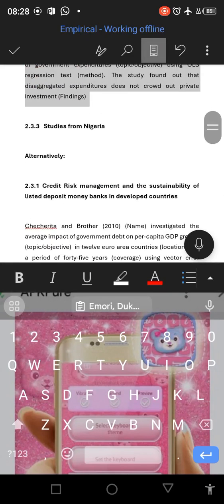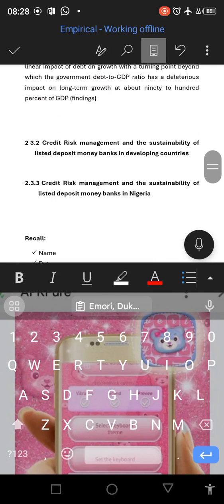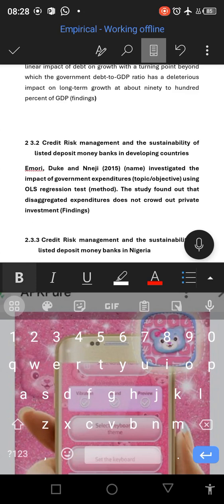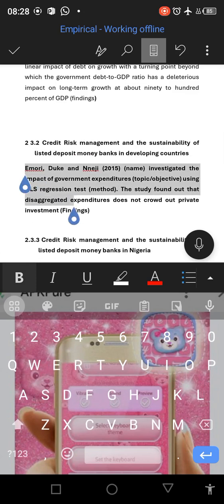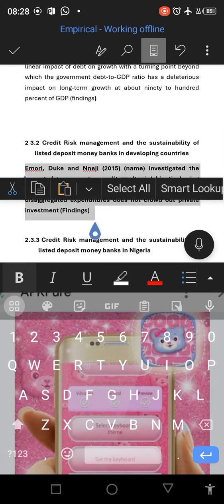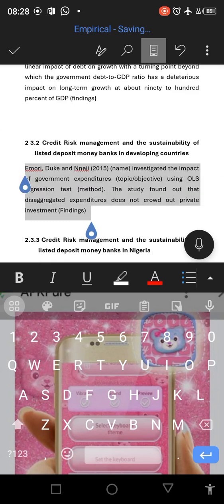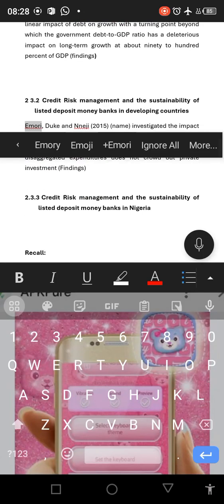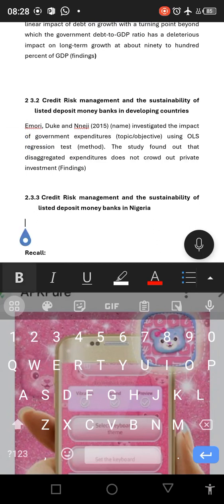I'll copy, come and put under these headings here. Put, okay. Alright, so like I said earlier on too, if the next study you want to review is 2014, it's going to come below it. If it is 2016, it's going to be above it.